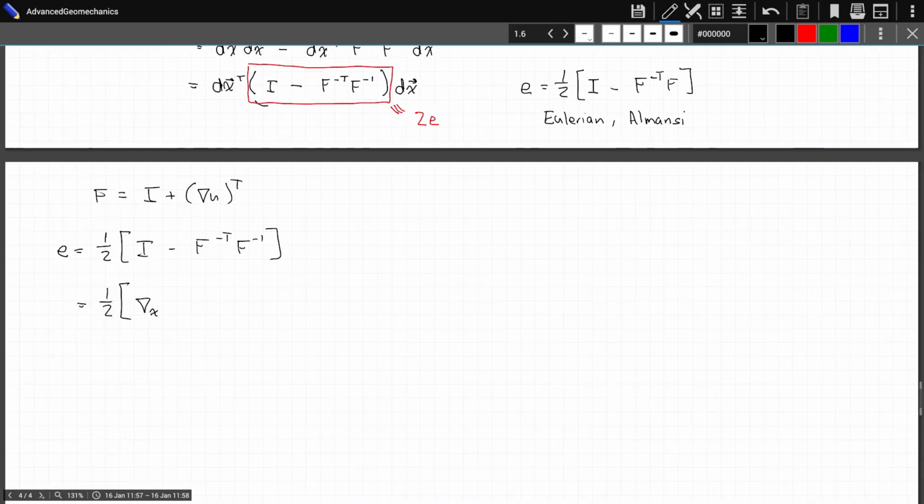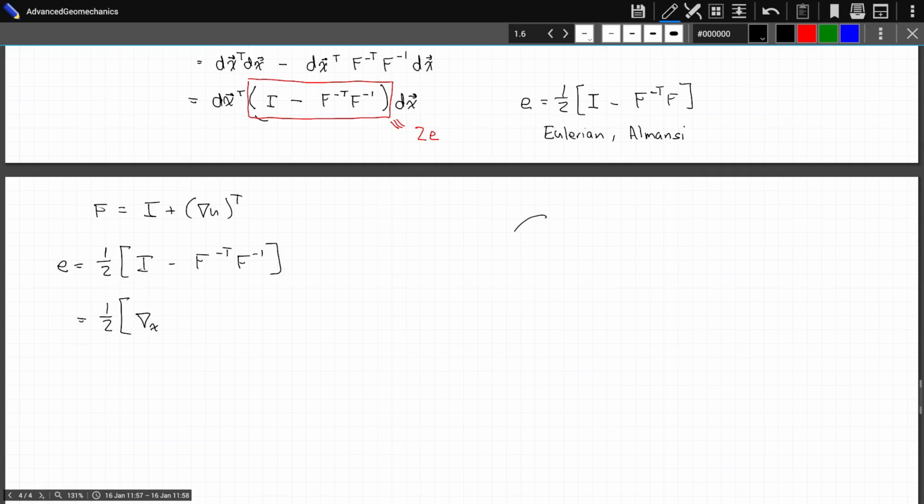Let me just point out that if we go back to our potatoes, we have the reference and the deformed.